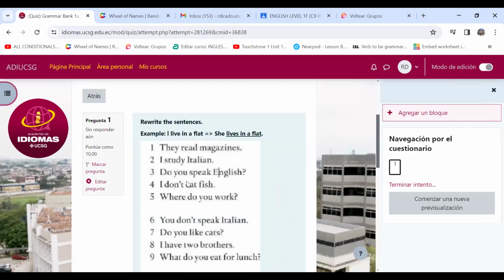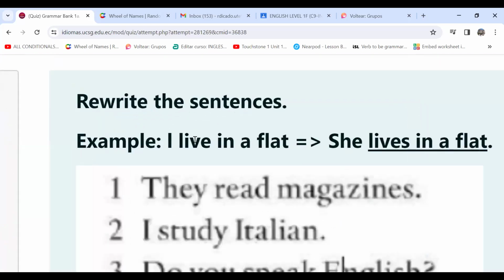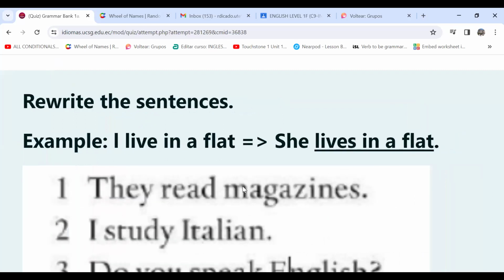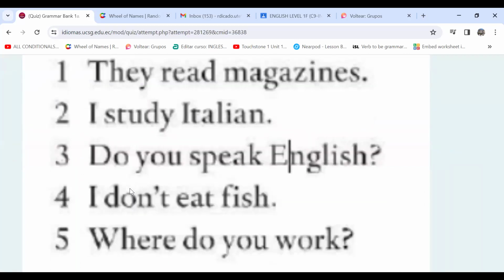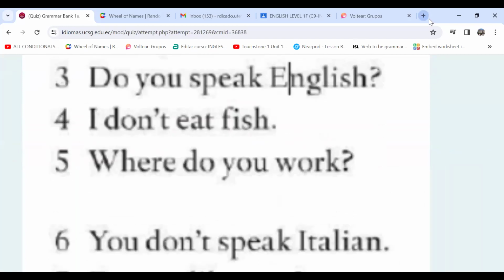Okay, so here you have, for example, the sentence, I live in a flat, and you have to transform it with the third person, okay? She lives in a flat. Apply the rule of the third person. That is the activity, you have to rewrite the sentences.